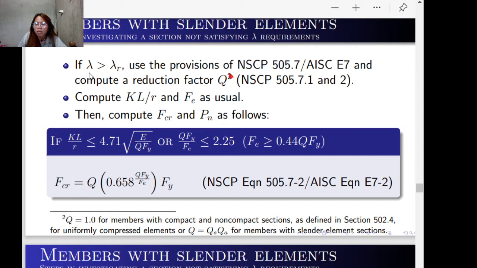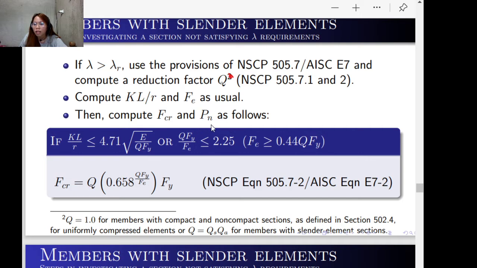But if this width to thickness ratio is greater than this lambda sub r, then we have to use the reduction factor Q. Then compute for the slenderness ratio KL over r and this Fe, or the Euler effective strength, as usual, what we did in our previous discussion. Then compute the Fcr and the nominal strength.